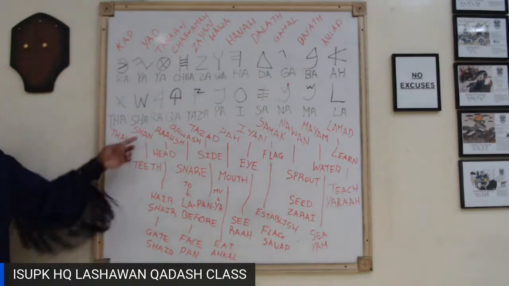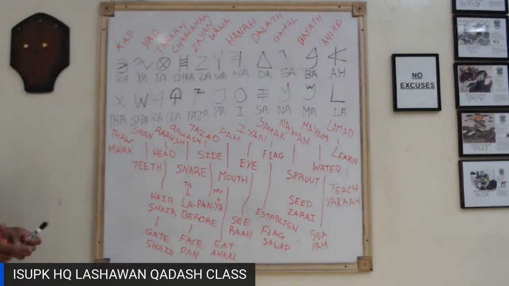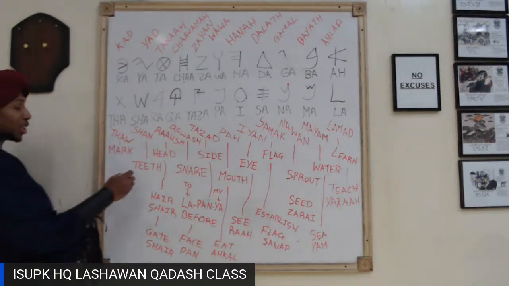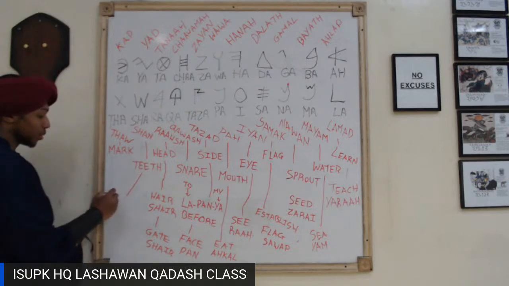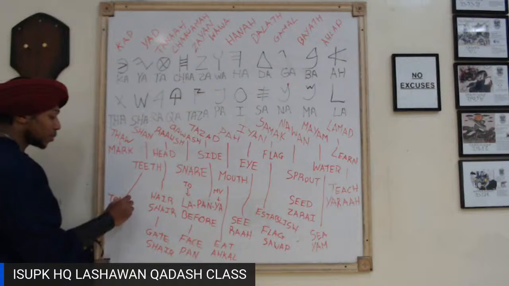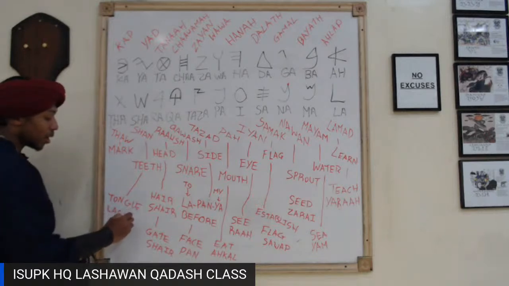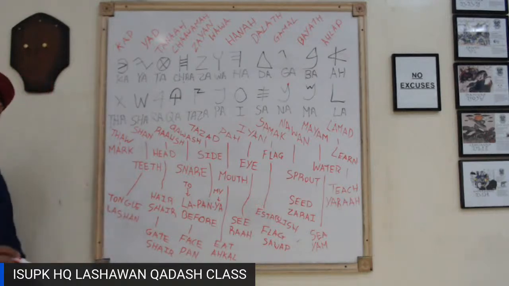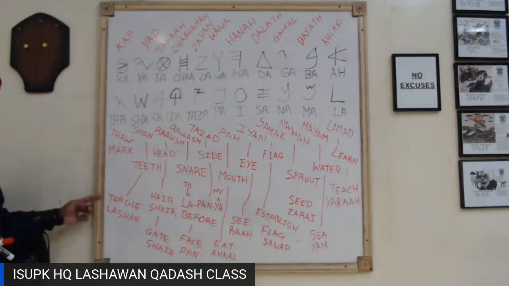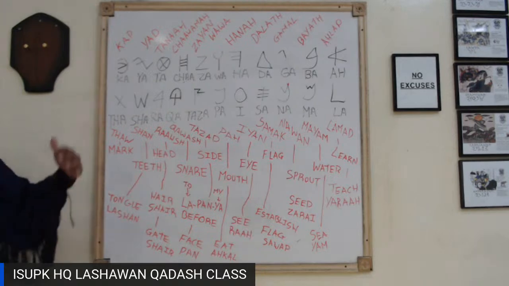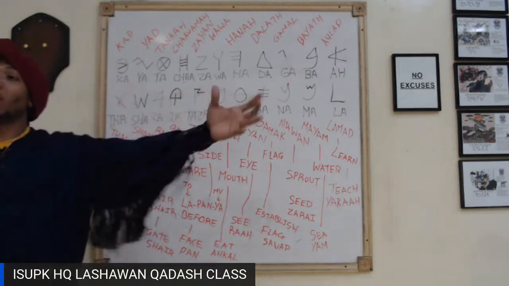All right? Okay? You got shen, which is teeth. Behind your teeth is your lashon. Behind the teeth is your tongue. And tongue in Hebrew is lashon. Right, quick, we got a question, hold on. Behind your teeth is the tongue. The tongue in Hebrew is lashon. And our tongue that we speak is Hebrew.